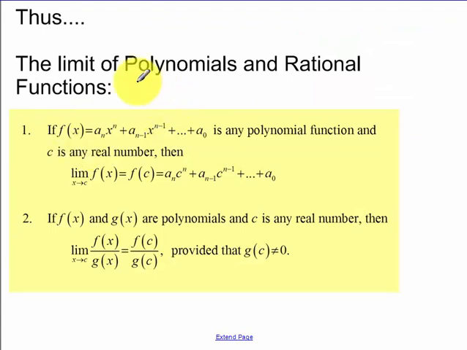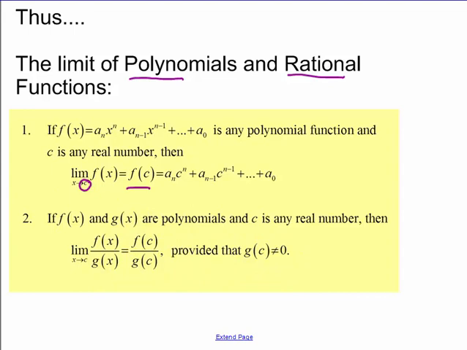So limit of polynomials and rational functions. You don't have to worry about writing this down, but you have to understand the concept that if you have a polynomial, you can just find f of c, f of whatever the limit is. If you have a limit of a rational function, you can plug in that c value as long as g of c doesn't equal 0.